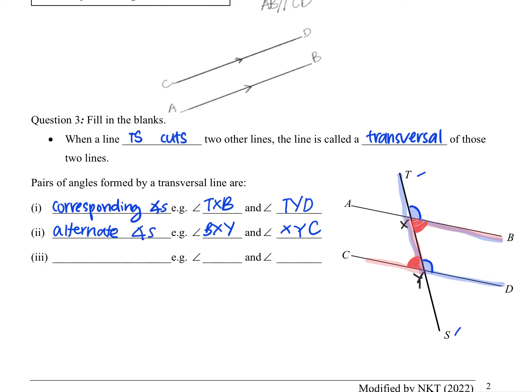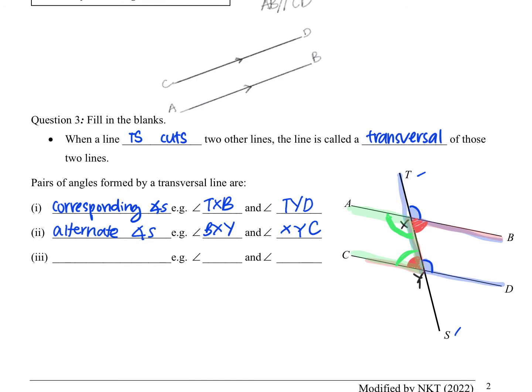Last but not least, we also have a pair of interior angles. Interior angles look a little bit like a letter U or letter C, rotated in different ways. In this case, you can look at the angles over here, angle AXY and angle XYC.